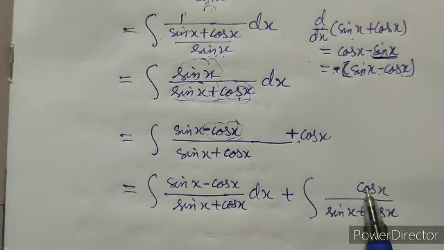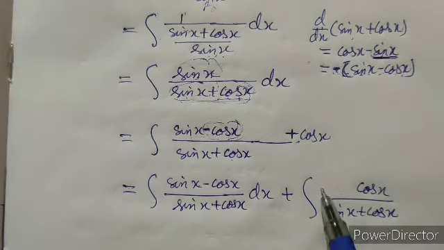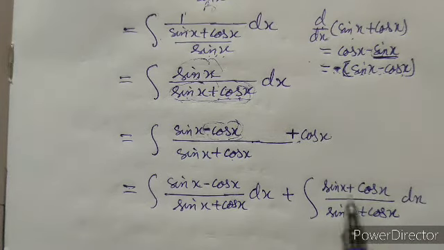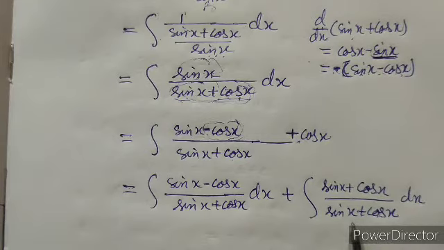Now this cos x is again creating a problem. If we write in place of cos x, if we take it as sin x, so this will simplify our problem, and sin x plus cos x upon sin x plus cos x will be equal to 1.